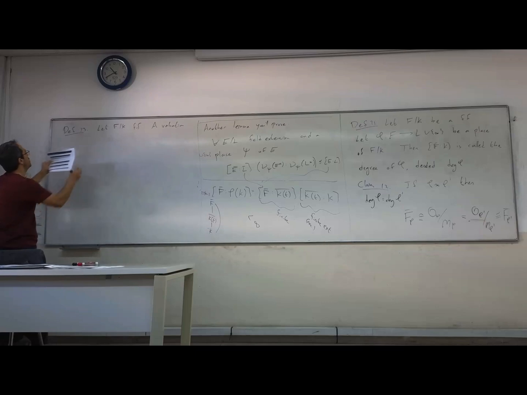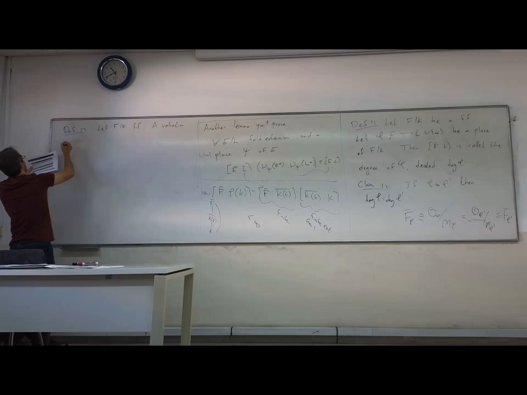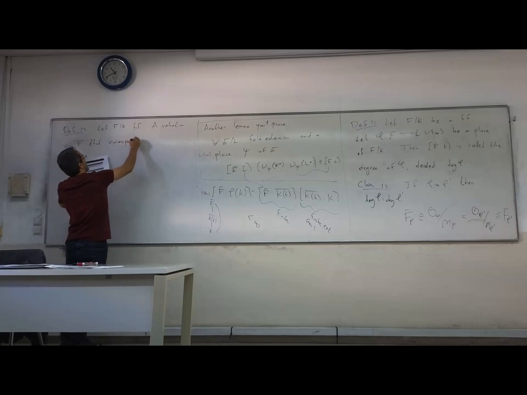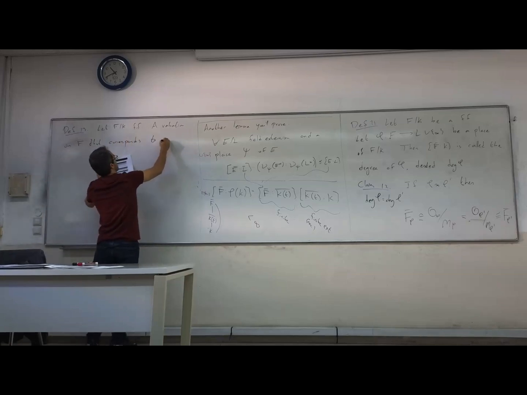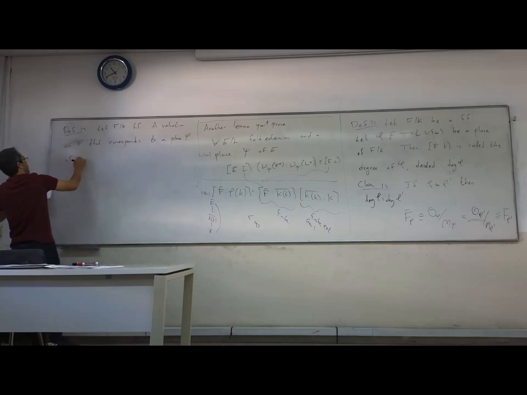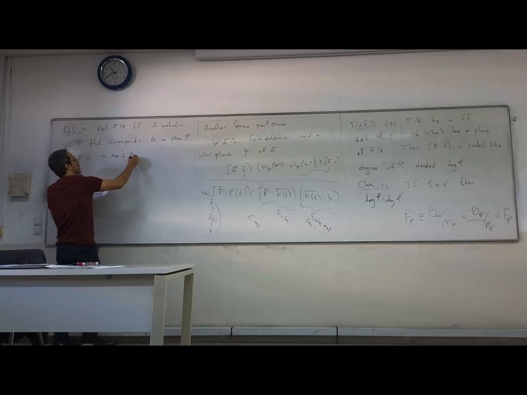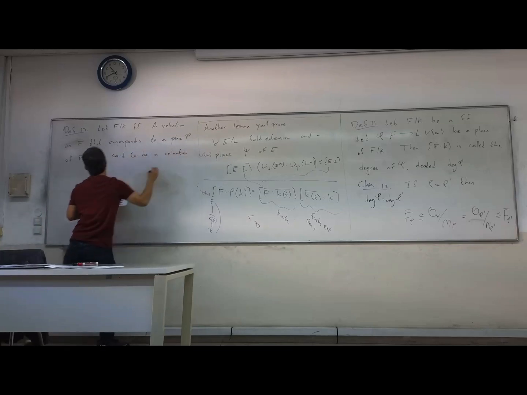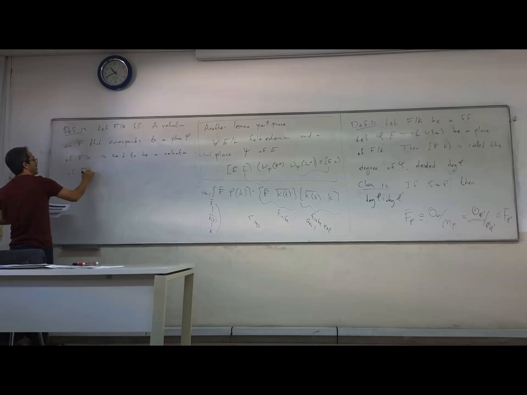So a valuation on f that corresponds to a place phi of f over k is said to be a valuation of f over k.